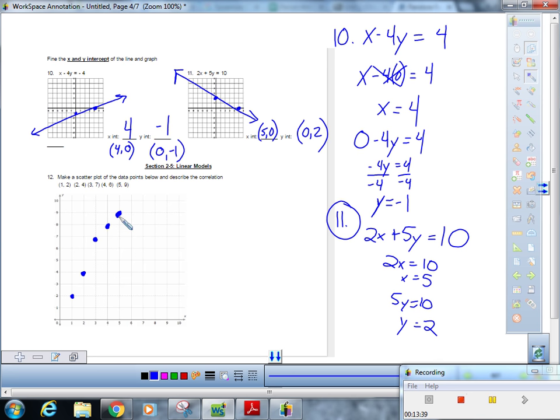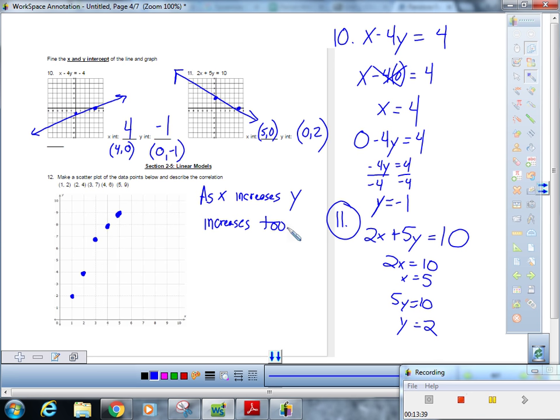Okay, well, as x increases, so as x goes to the right, y increases too. Okay?